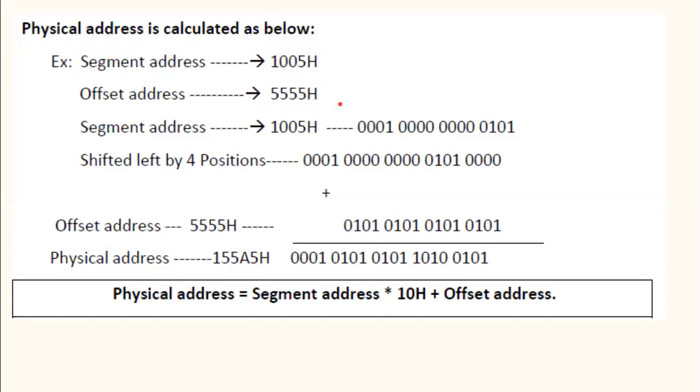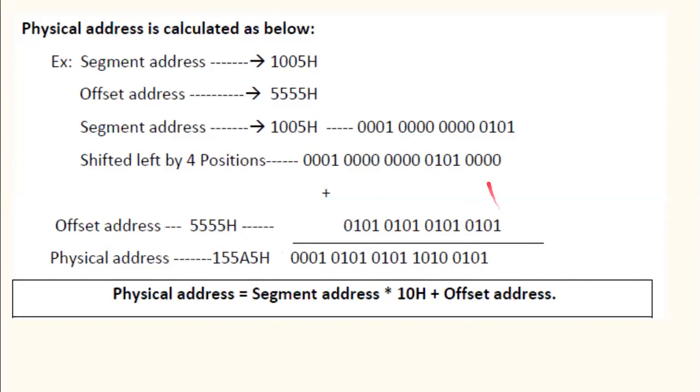The process is you have to first shift the segment address or the base address to the left side by 4 positions. Shifting to the left means padding it by zeros on the right hand side, and then simply adding the offset address. Whatever we get by adding will be called the physical address.